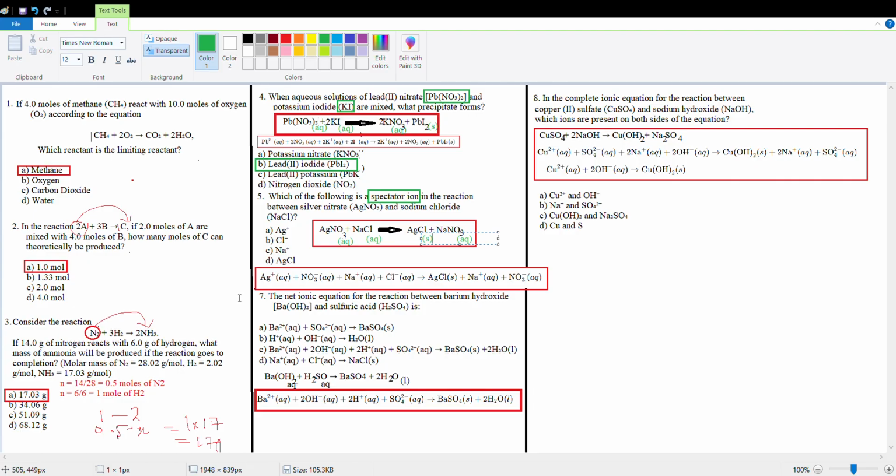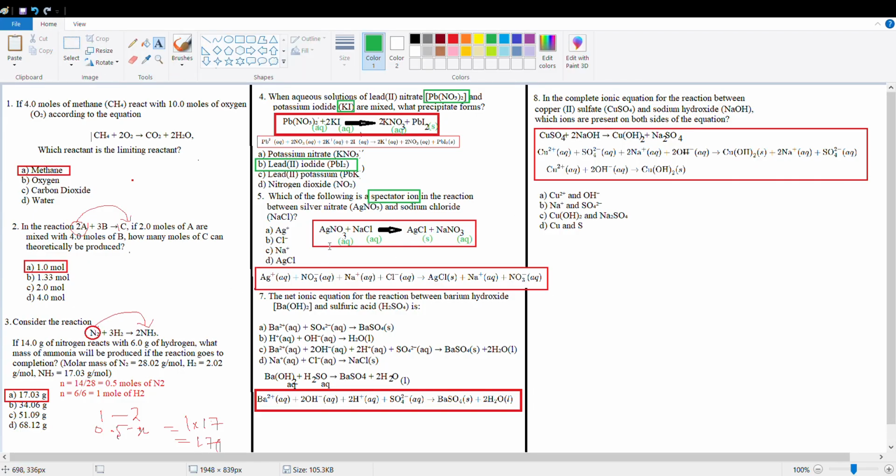Now I already made a complete ionic equation for this one, in which I broke down silver nitrate into silver plus and nitrate minus, same with sodium plus and chloride minus, and silver chloride cannot be broken because it is solid, and sodium and nitrate can be broken. We can see that those things are repeated here. It's either sodium or nitrate, and these are your spectator ions, but because nitrate is not given, sodium is your answer in that case.